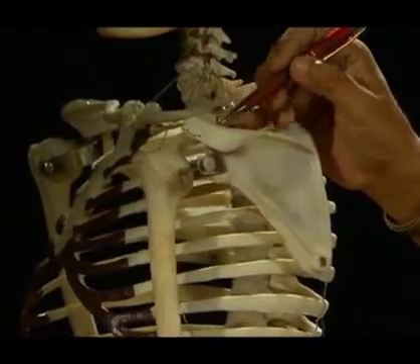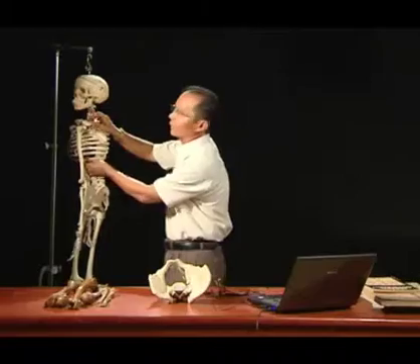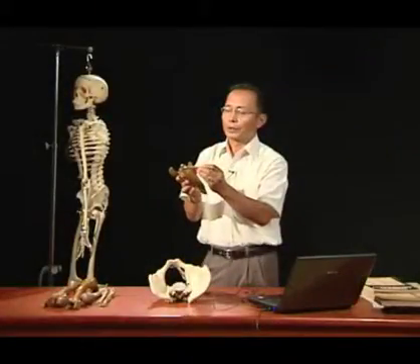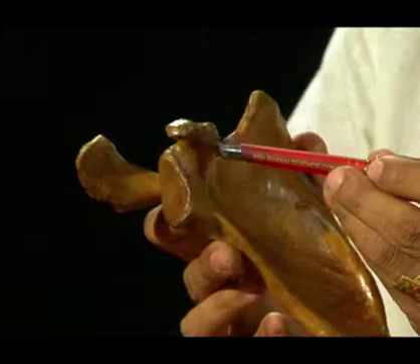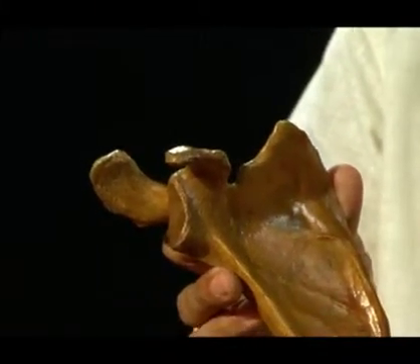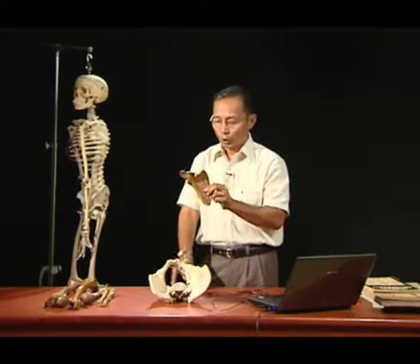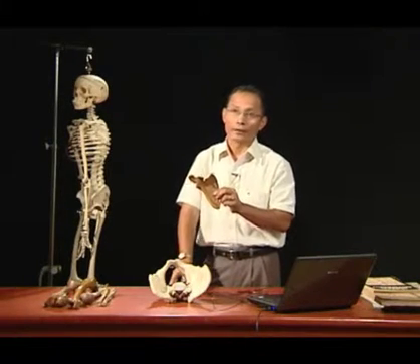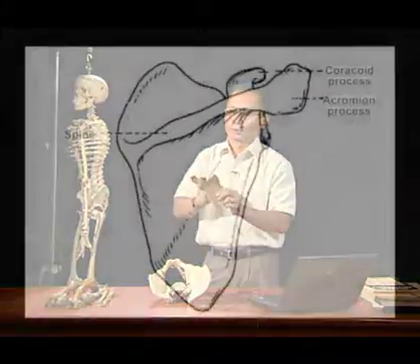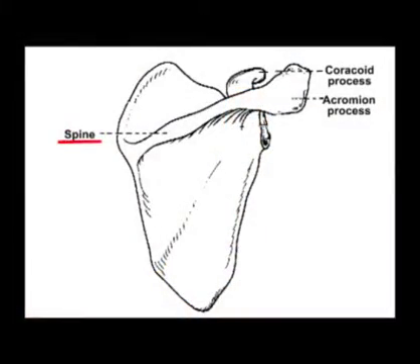These two articulate. And another process is this curved projection. You can see this one. This curved projection we call it coracoid process. So, three processes: spine, acromion process, coracoid process.